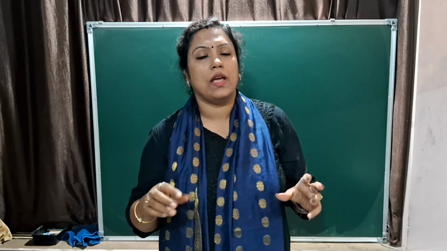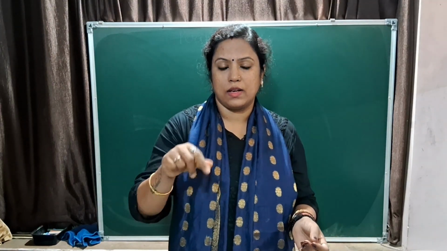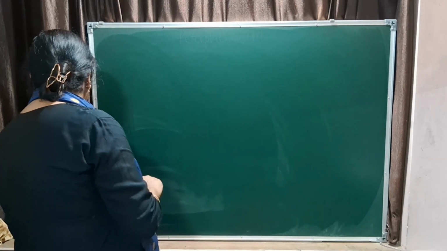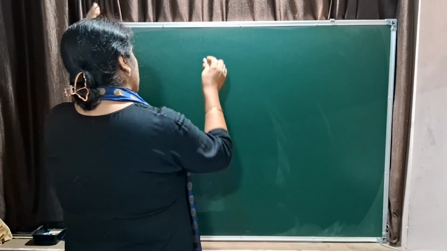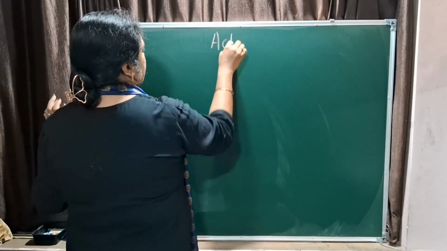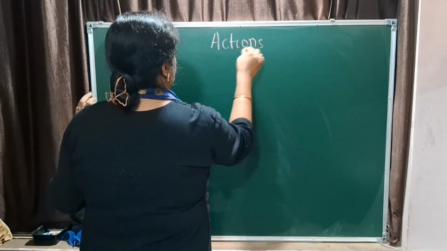Your ability to salivate, right, for certain food items, what kind of reflex is it? You are tying your shoelace, what kind of reflex is it? So kindly write in the comment section, let me check your reflexes. Yes? So when you talk about actions, there are two types of actions.